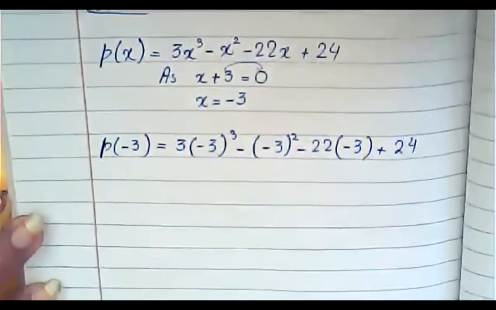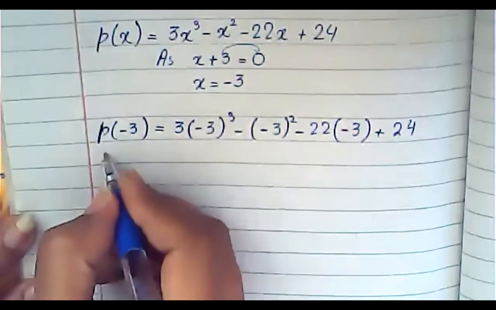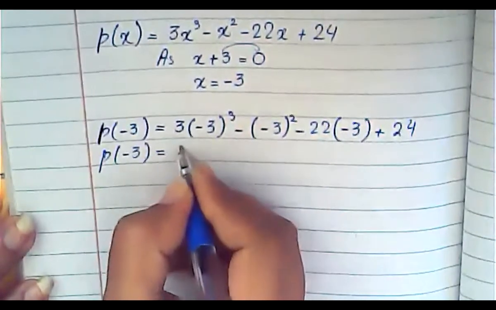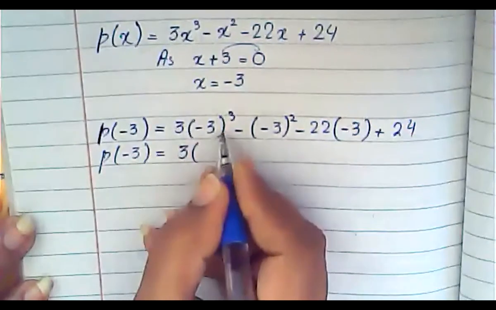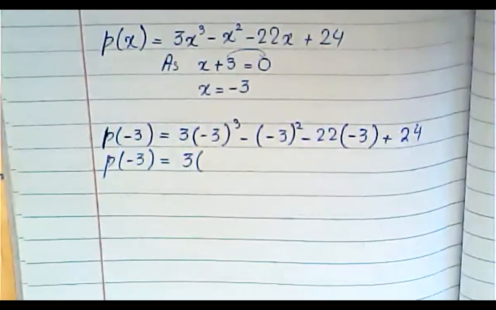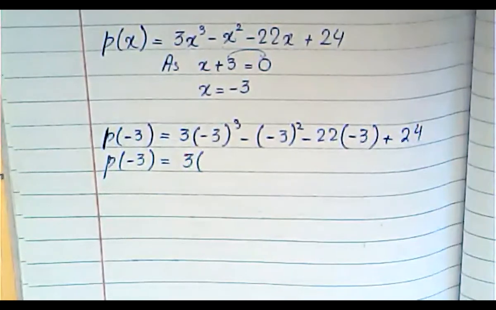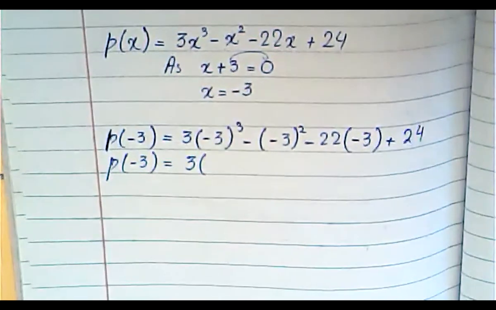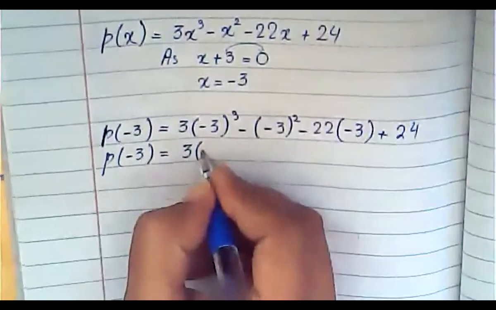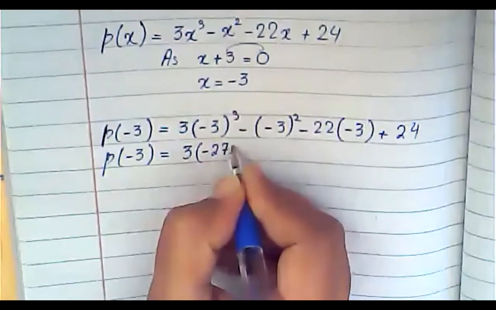Now you will solve it. You simply write P of minus 3 is equal to 3. Now please tell me the cube of minus 3. Cube of minus 3 will be, yes, very good, minus 27.